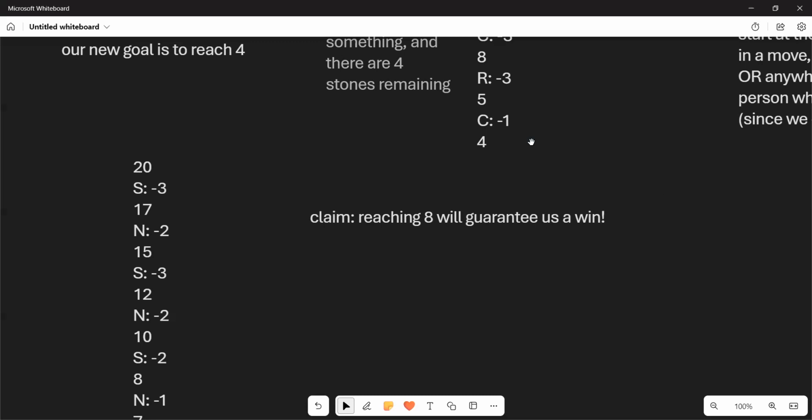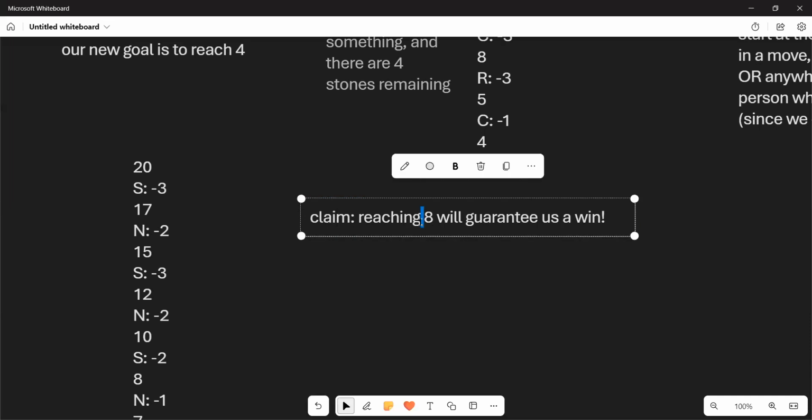Oh, Ahan. I haven't heard Ahan's voice. Ahan, please. Ma'am, say we're on 8, now it's your opponent's turn. The opponent can either play 1, 2, or 3. We saw the case where the opponent played 1, like in this game. But say the opponent plays 2, then we have 6.